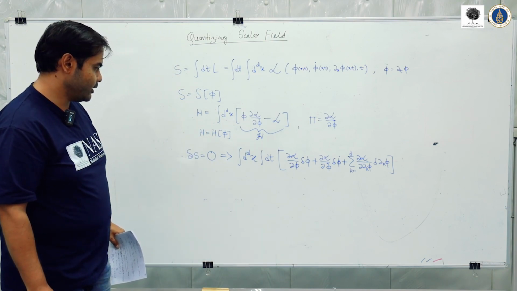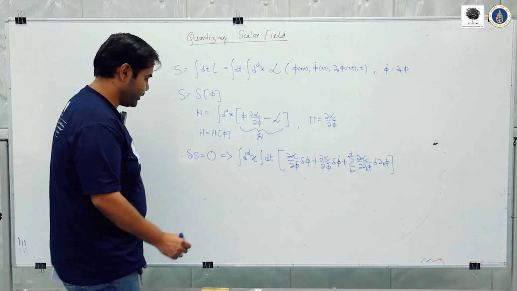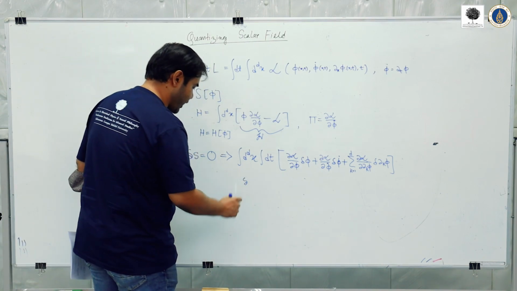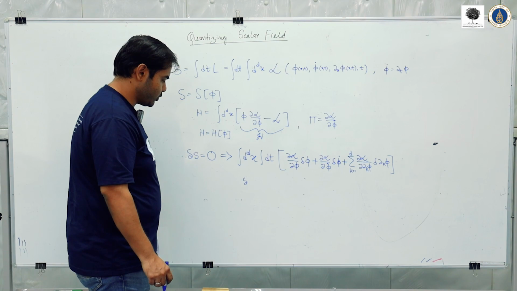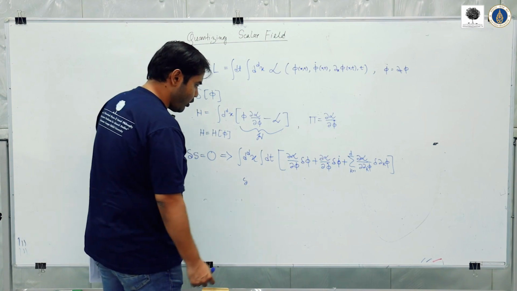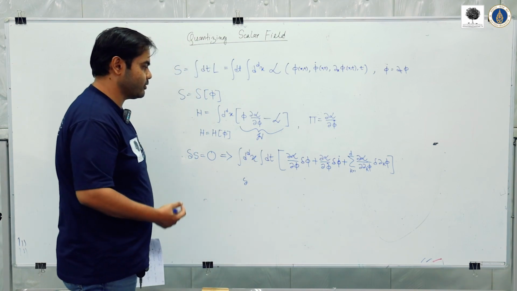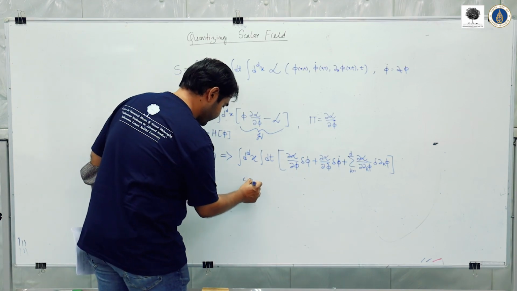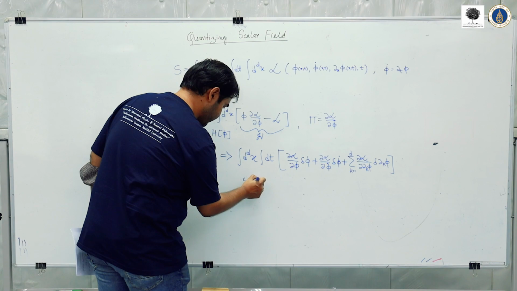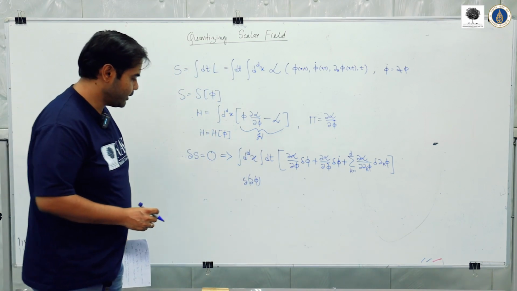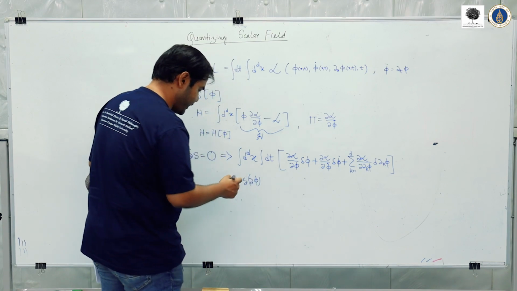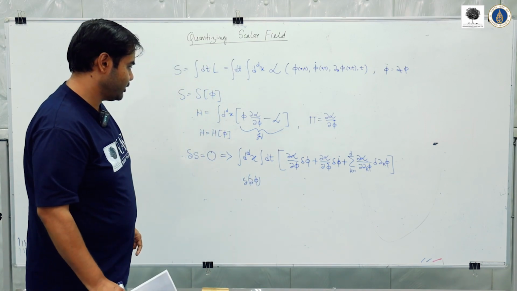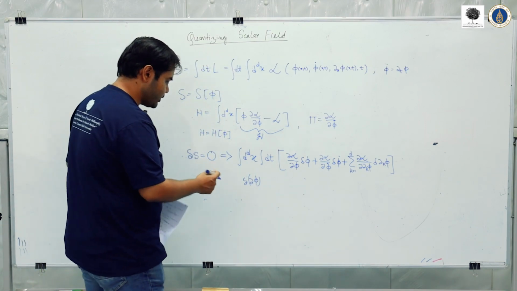The next thing you have to consider is that this variation delta is arbitrary. So, for any operator like time derivative or space derivative acting on a field, if you consider the variation of this, then you can very much take the derivative outside of the variation.